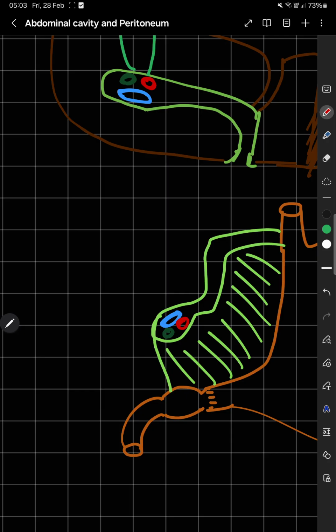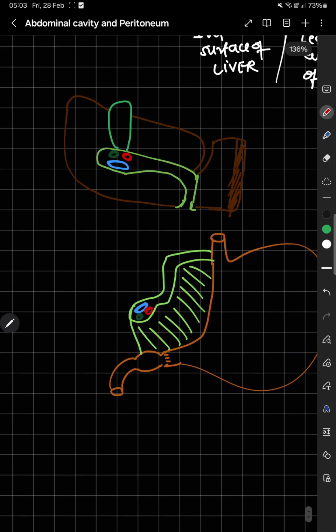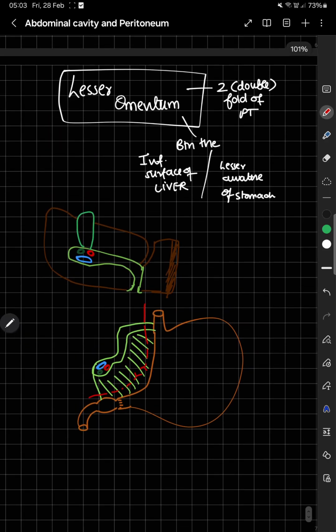Anything else that is missing right now? Yeah, we have the arteries that come here and anastomose as well. So first thing, we have this whole structure, lesser omentum, which is a double fold of the peritoneum. It's present between the inferior surface of liver and the lesser curvature of stomach.